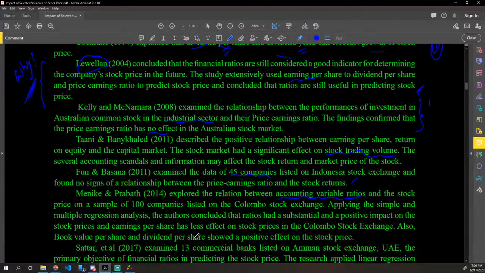Okay. So accounting variables have some substantial and positive impact on stock prices. However, EPS has less effect.